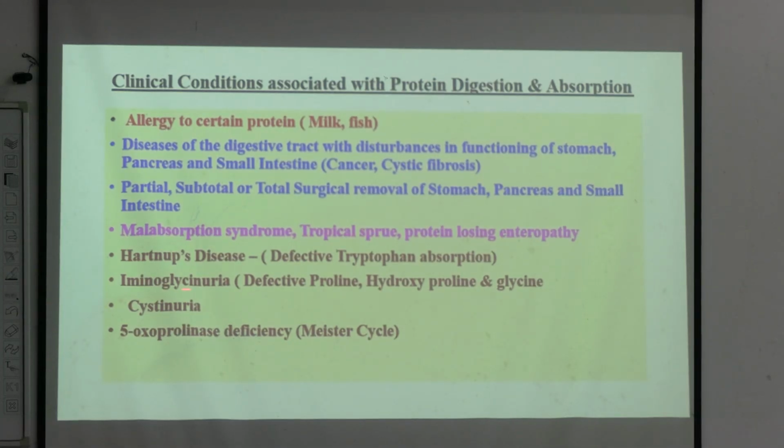In iminoglycinuria, the amino acids are proline, hydroxyproline and glycine, so there will be a defect in their absorption. Then cystinuria, not cystine, C-Y-S-T-I-N-U-R-I-A. Cysteine is a single amino acid, cystine is a dimer of cysteine. And 5-oxoprolinase deficiency, it is present in the Meister cycle, and these are all rare things.